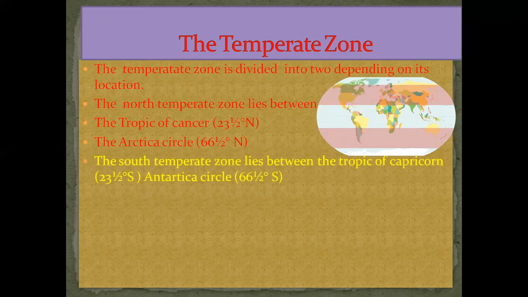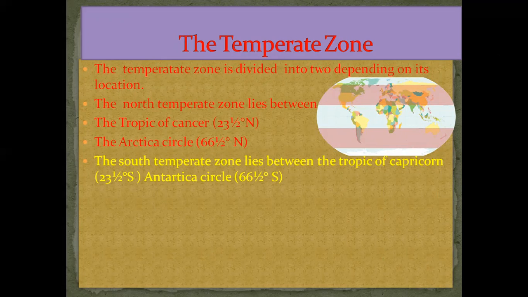One more is the southern temperate zone. Where does it lie? It lies between the Tropic of Capricorn, 23.5 south, and the Antarctic Circle, 66.5 south.